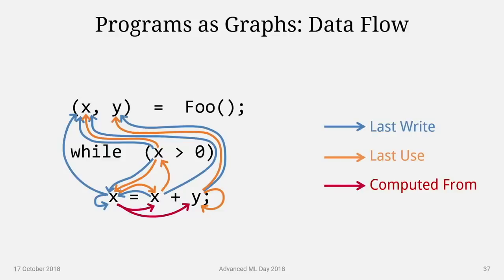But that's not enough. We actually want to understand what the program does, not just how it looks. A way to do that is to also add semantic edges from the data flow. So if you haven't heard of the data flow frameworks, what they do is they look at the program, and they come up with some approximation of how the relations between the variables can flow throughout the program if it's executed.